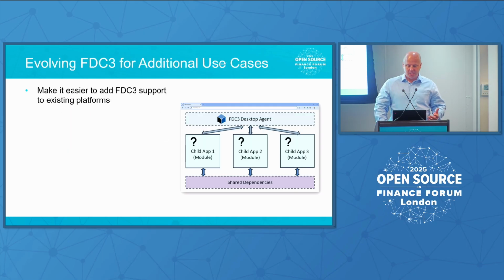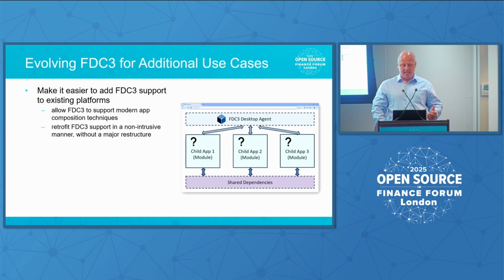So we want to make it easier to add support to FDC3 to existing platforms. We want FDC3 to be able to support modern app composition techniques. We want to be able to retrofit FDC3 support to our existing platforms, so we don't always have to put them into new platforms. And we do this by lifting the requirement to host apps in separate windows or iframes.